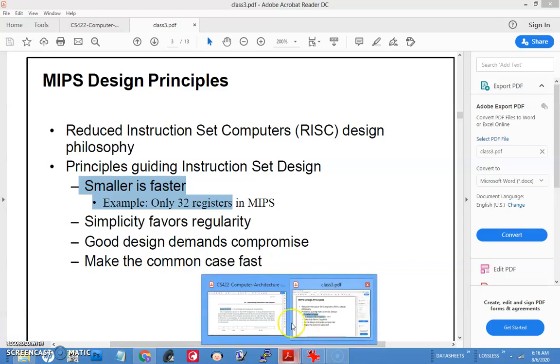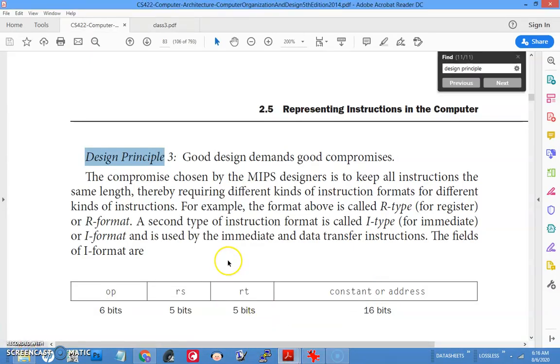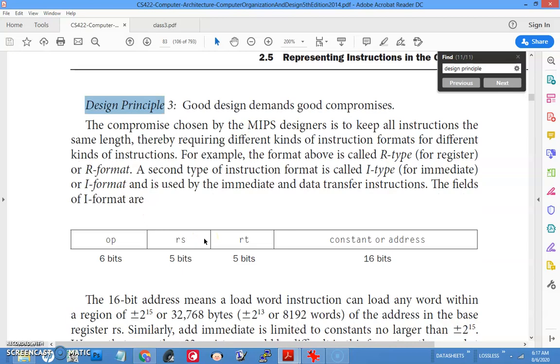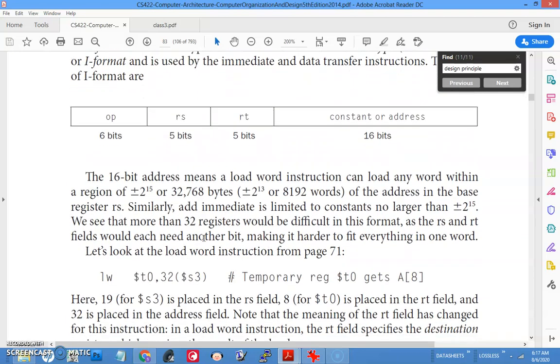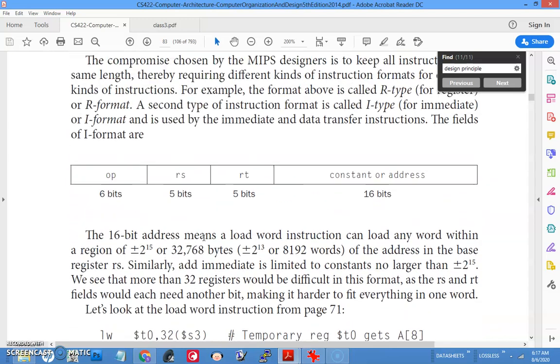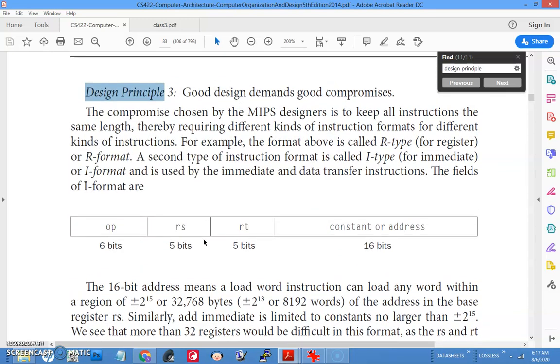There are very simple things which we have already seen. Look at the instruction format, add immediate. What is the size of the address? You have 16 bits. In the jump instruction also we have a fixed and shorter space for the jump address.